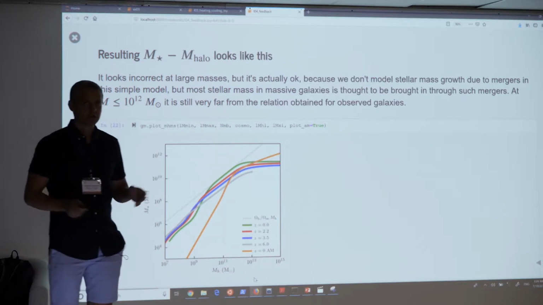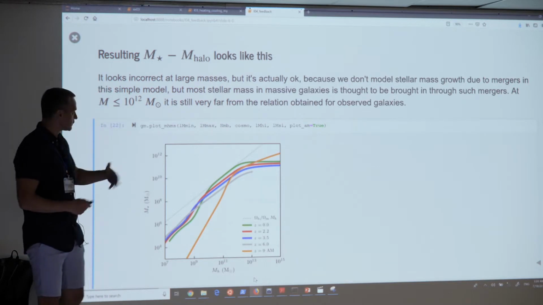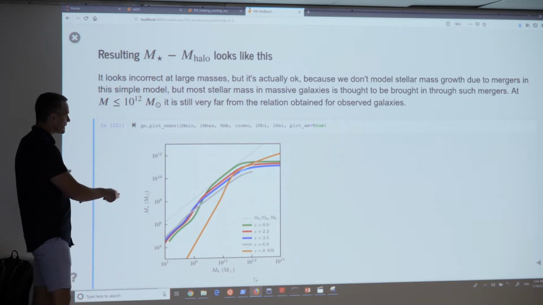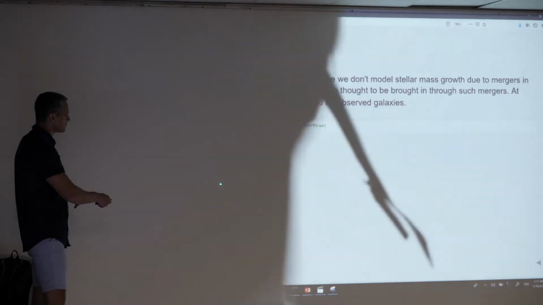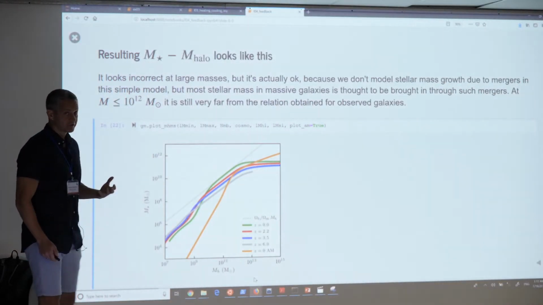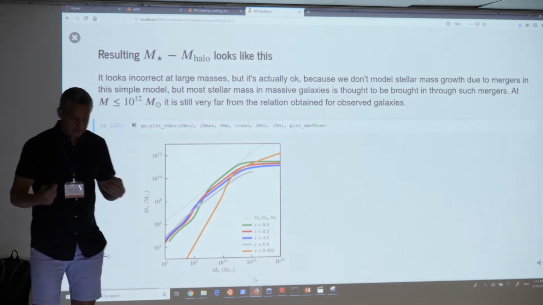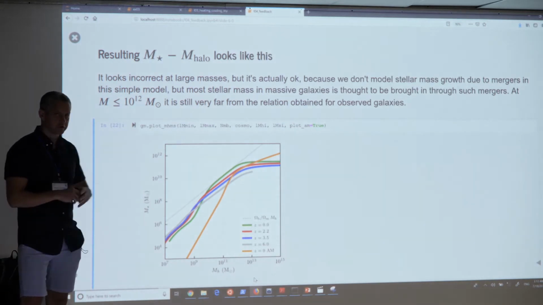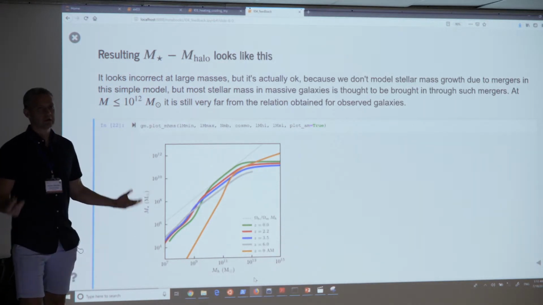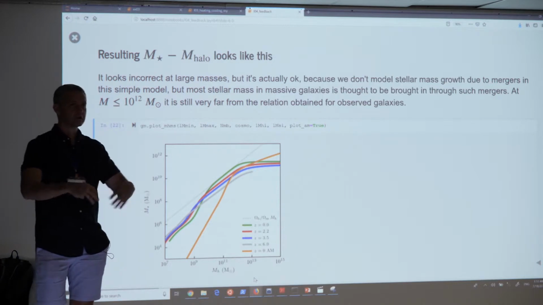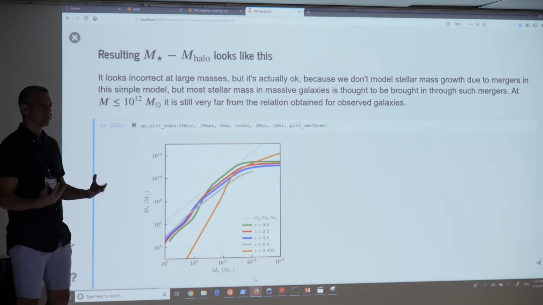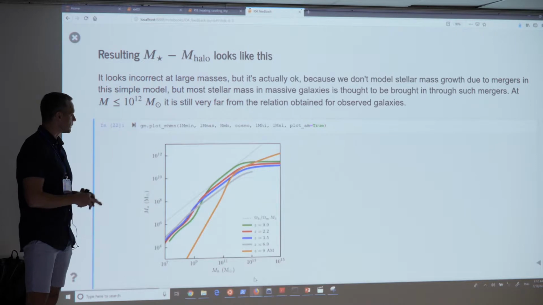But that's actually okay. We could try to consider other processes to reconcile them, but there is a reason to think that this reconciliation may happen for another reason. And what is this reason? The reason is that in this model, I'm not considering mergers of galaxies. I'm simply considering evolution of gas, that gas turns into stars, but there are no mergers that bring in stars into the galaxy.